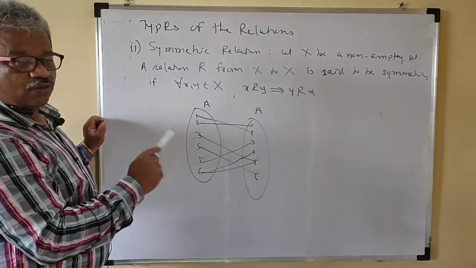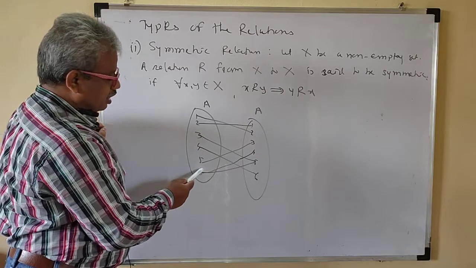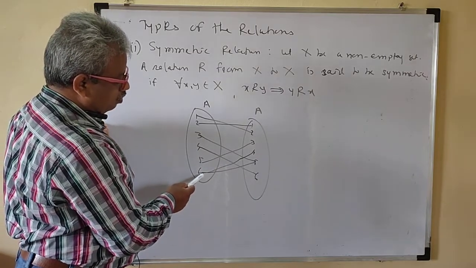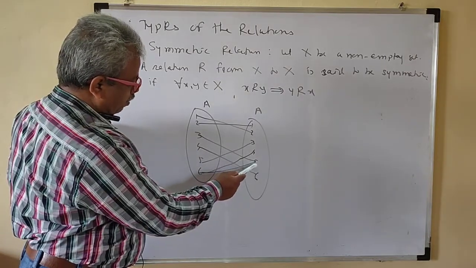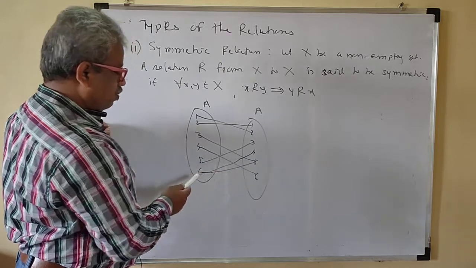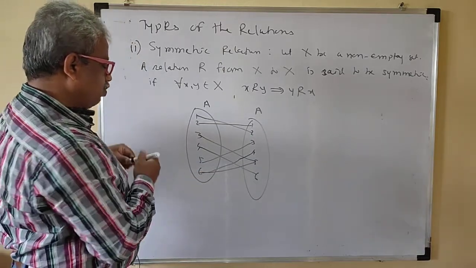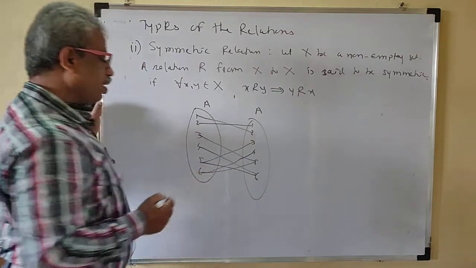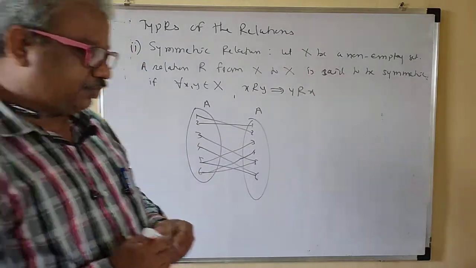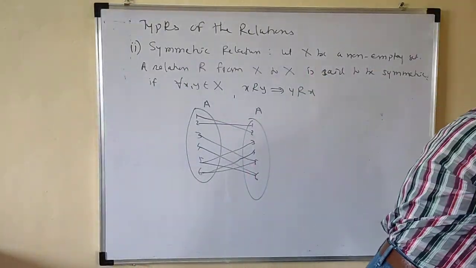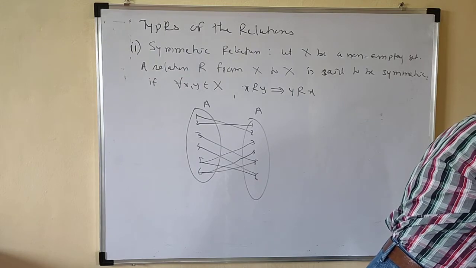That means x related to y implies y related to x. 6 is related to 5 and 5 is related to 6. Now this is the symmetric relation. So we'll see examples on it later on.